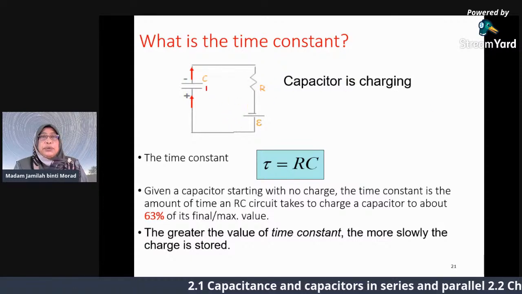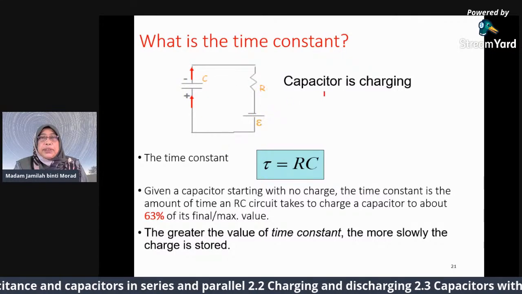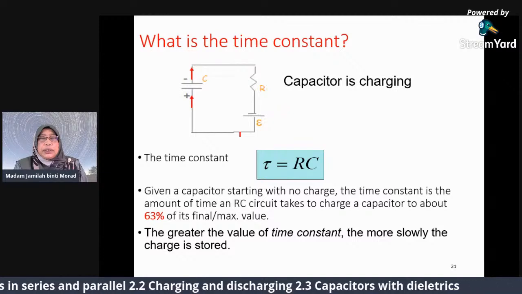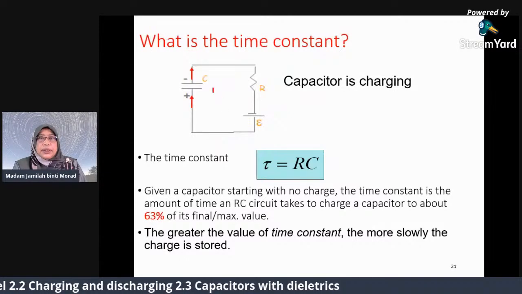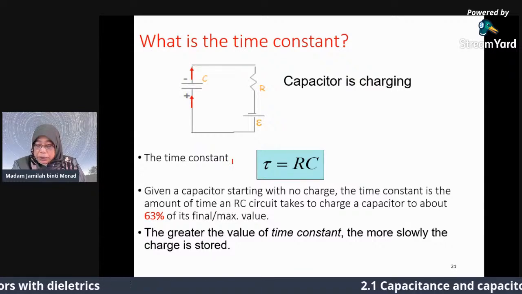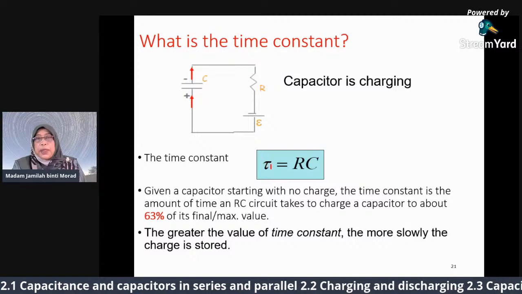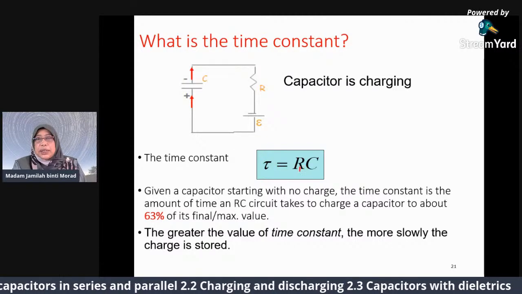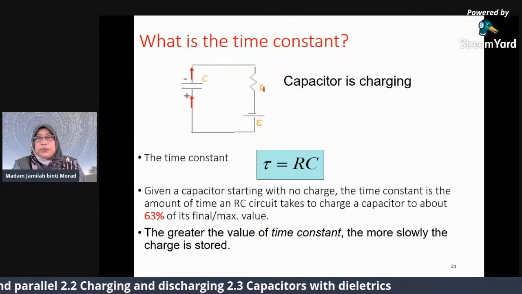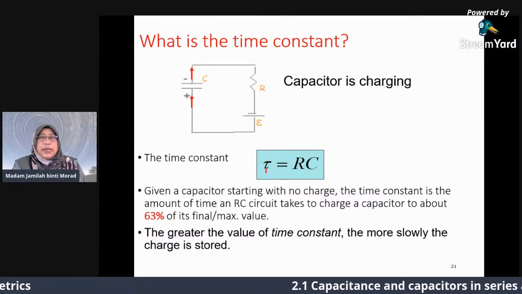You connect the capacitor to the battery, then the capacitor is charging and charge accumulates on the plates of the capacitor. The symbol used for the time constant is tau equal to R times C. R is the resistance of the resistor, C is the capacitance of the capacitor, and tau is the time constant.